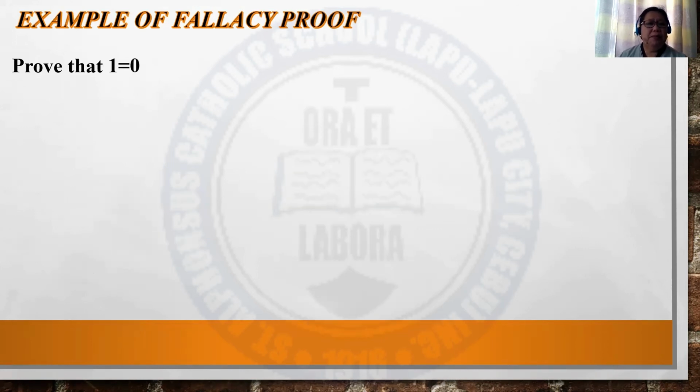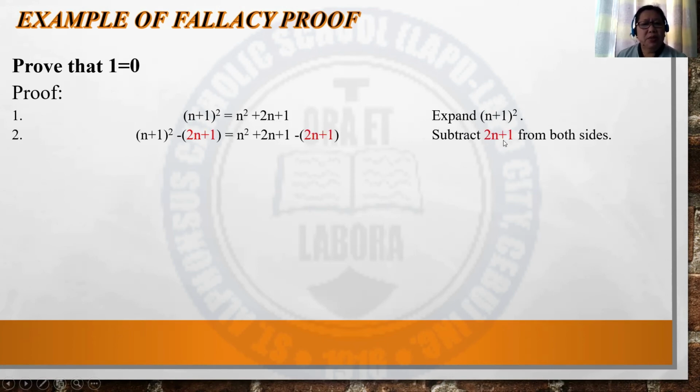Another example. Prove that 1 is equal to 0. So let us have the proof in this manner. We can expand the square of n plus 1. So the square of n plus 1 is equal to n squared plus 2n plus 1. And then you may subtract 2n plus 1 from both sides. So minus 2n plus 1, minus 2n plus 1.